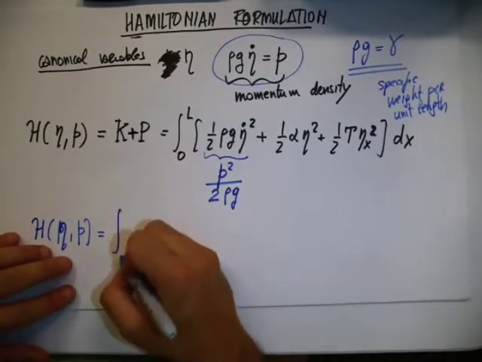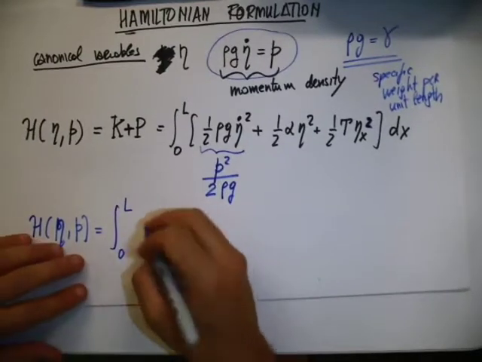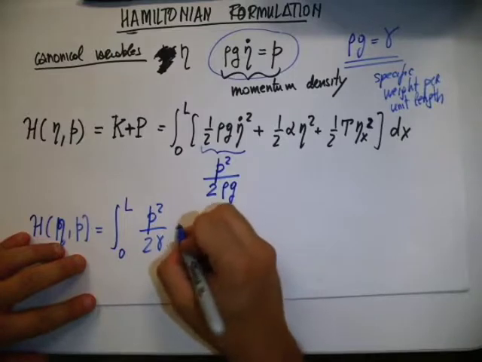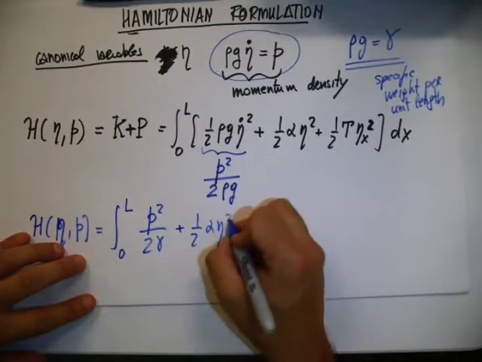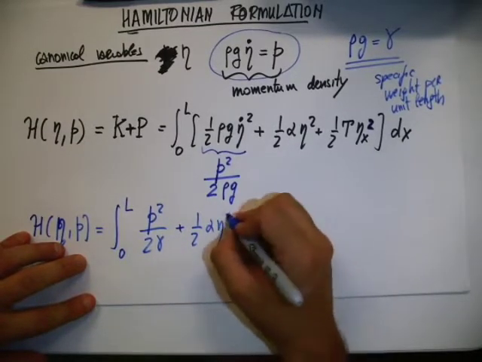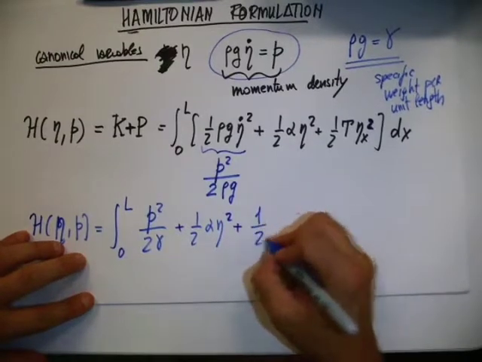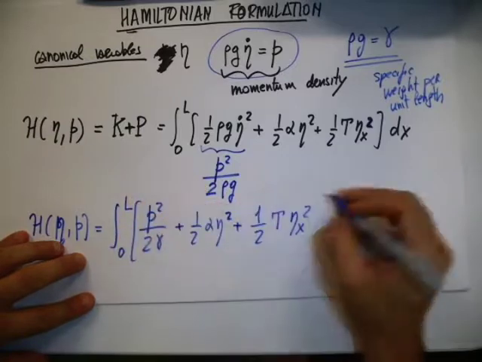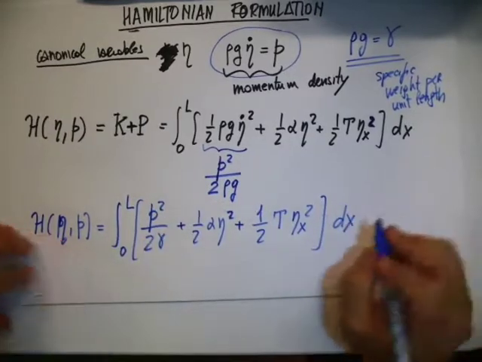And we have this new formulation: the integral from 0 to L of p squared over 2 gamma plus 1/2 alpha eta squared plus 1/2 T eta x squared in delta x.